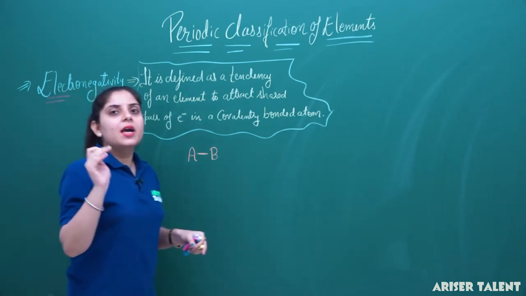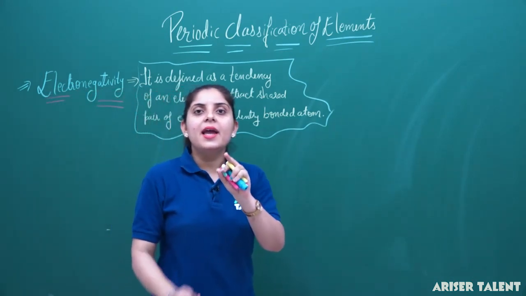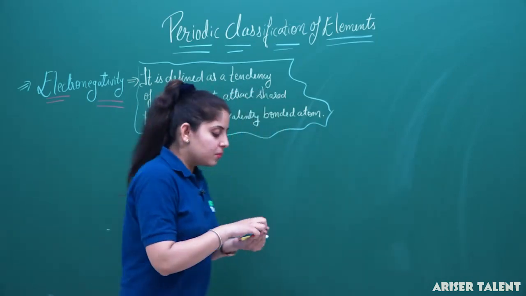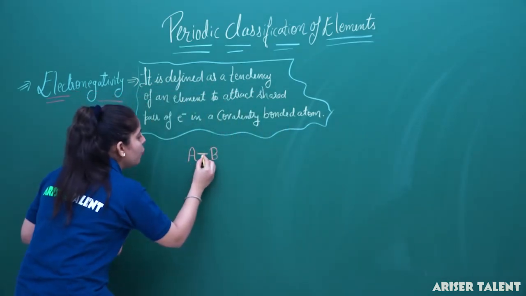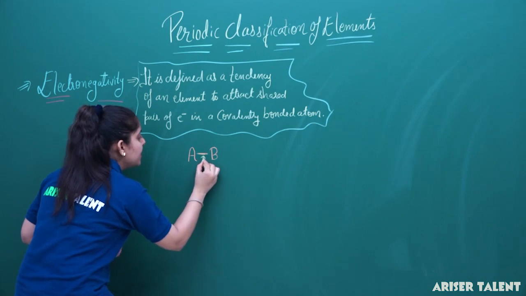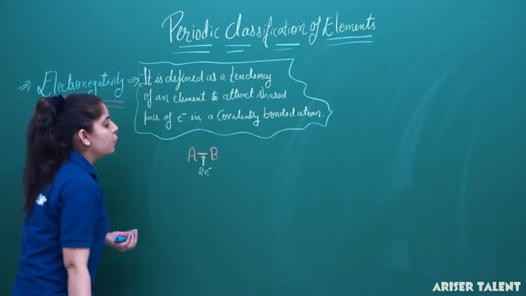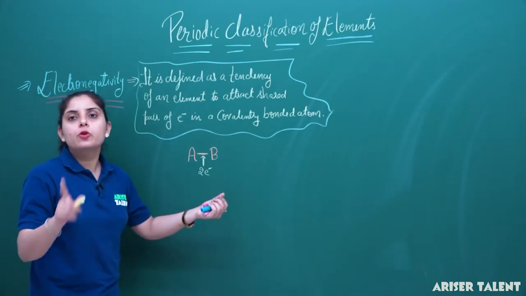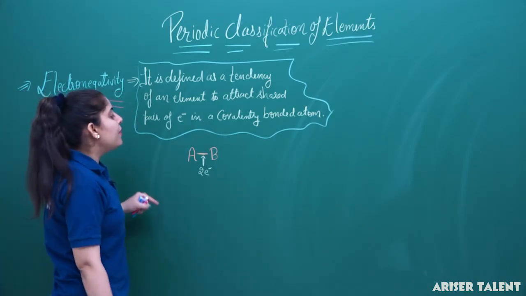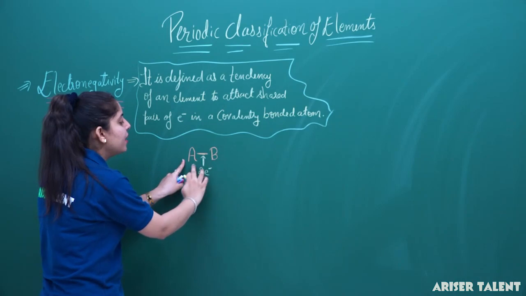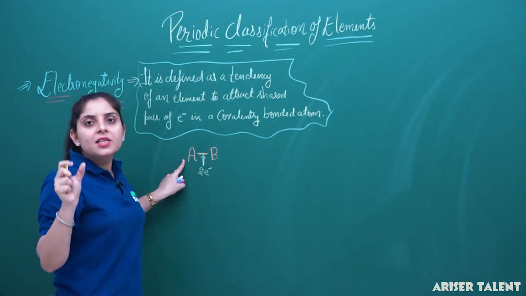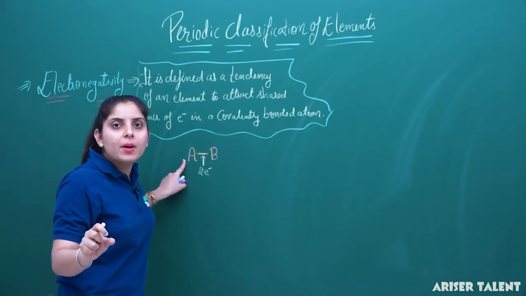It means if they are bonded by a bond, there exist two electrons here. One bond is present and one bond constitutes two electrons, because two electrons make a single bond. Now what will happen if I consider two elements here? These two elements are going to form a compound.